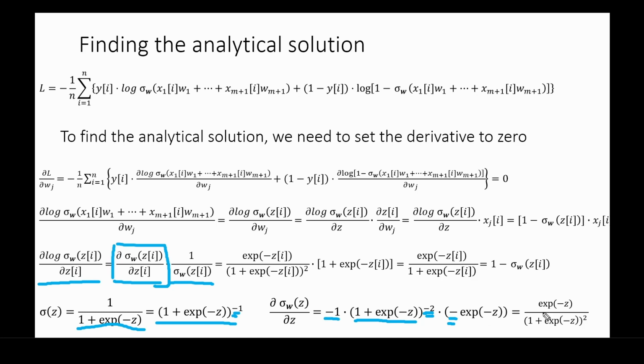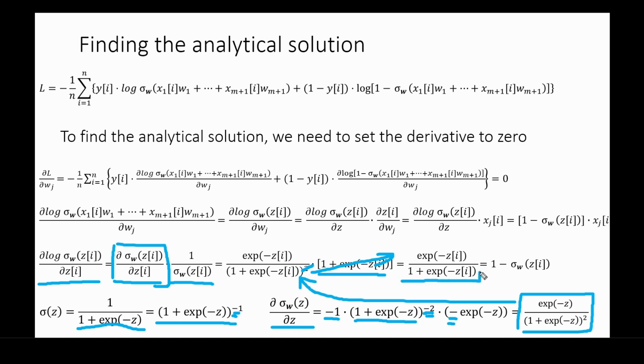After some manipulation, you'll see that partial sigmoid function over partial z is equal to this expression here. Okay, we can move that to here. 1 over the sigmoid function is simply 1 plus exponential of minus z. This term and this term in the denominator cancel each other out, so we are left with this term over here.